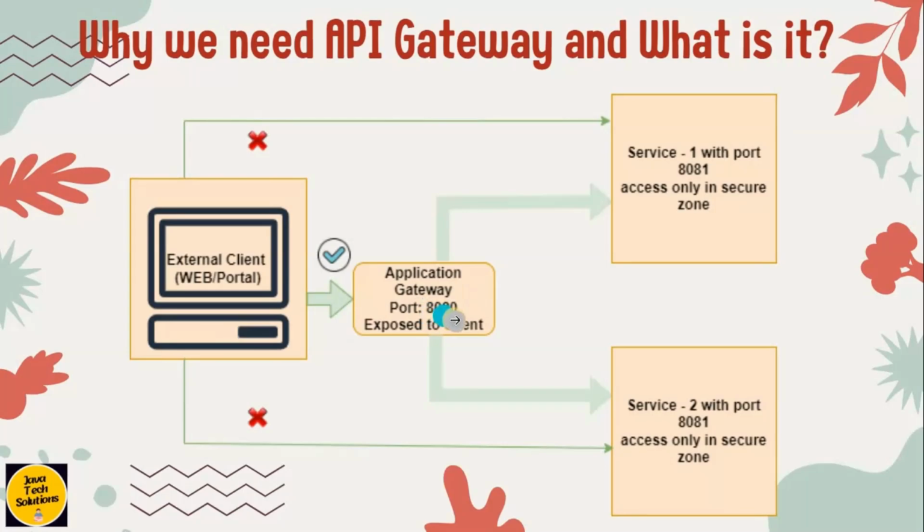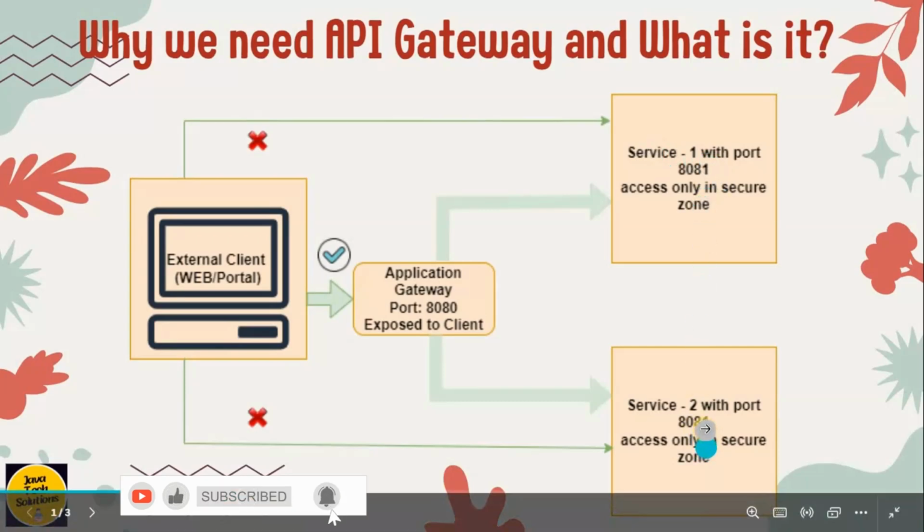Let's say this application gateway is deployed on port 8080, and based on certain rules or configuration, service one is deployed on 8081 and the other service on 8082. Two microservices cannot run on the same port, so that was a typo; it will run on 8082.